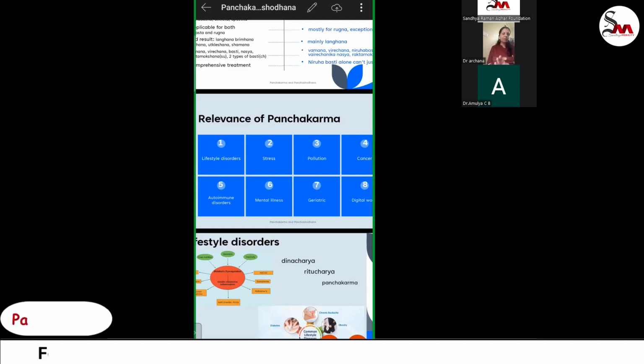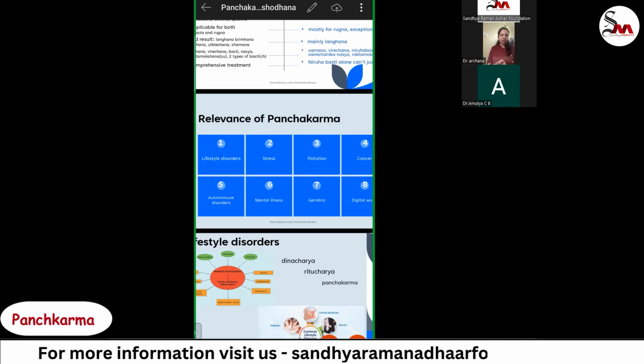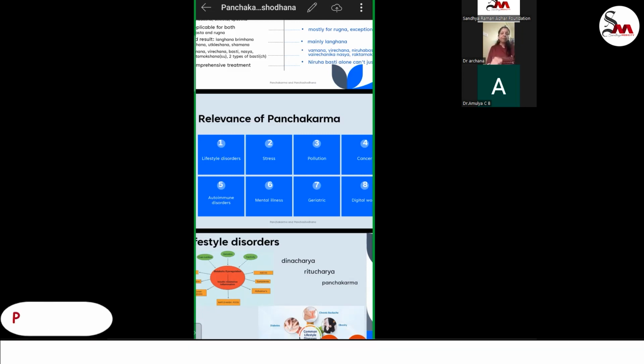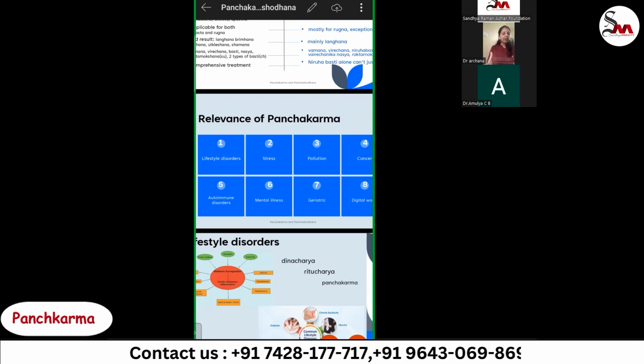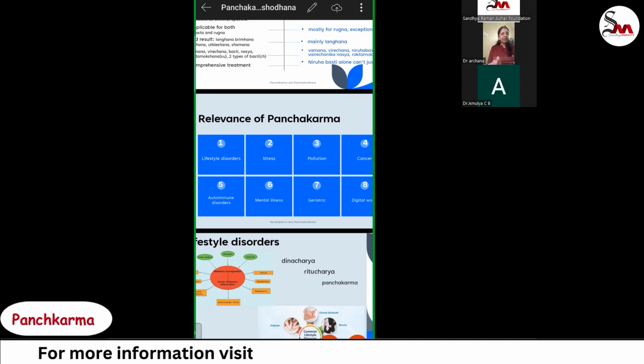So, whatever may be the lifestyle disorder, when we make the patient undergo the Panchakarma procedure, he will overcome the Mala Sanchaya which is there. He will overcome the Roga he is suffering from, and it will also give him the Bala and Varna needed to fight the diseases. So by that shloka, we can understand that whatever may be the lifestyle disorder, Panchakarma is going to deal with it.